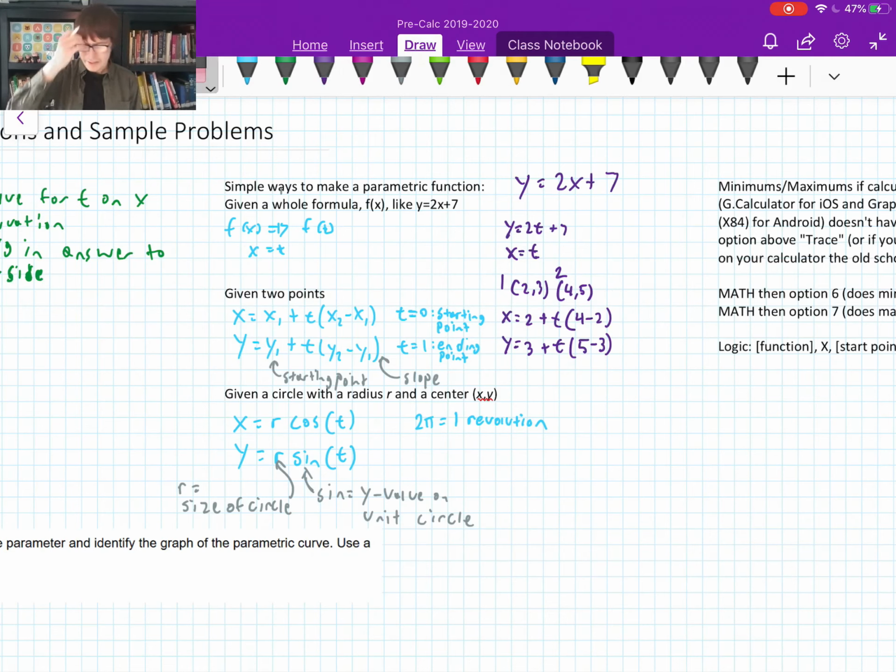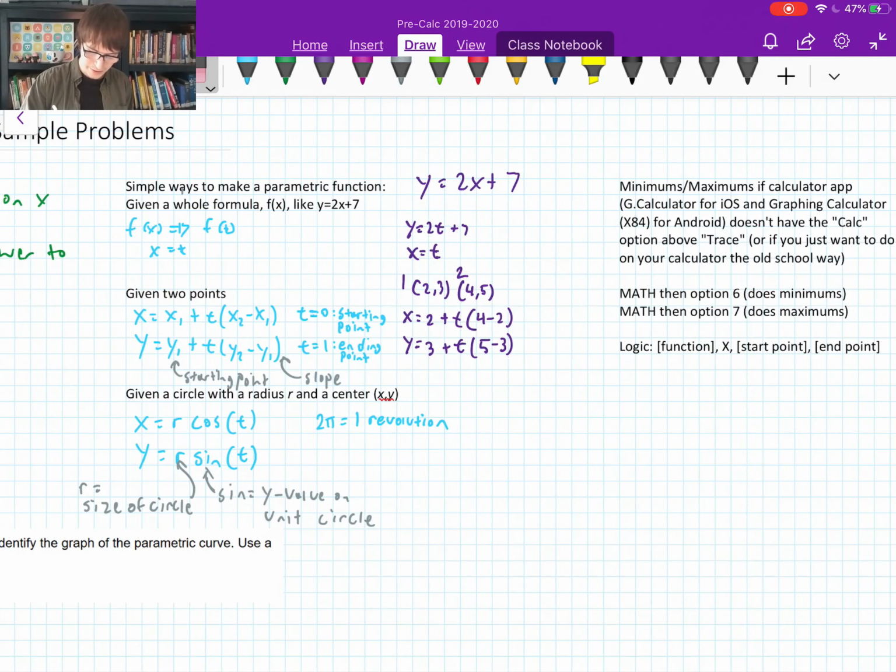Okay. Now let's say you wanted to graph a line segment, and this makes it a really easy way to graph a line segment. If you start with t equals 0, you'll graph the first point. If you plug in t equals 1, you'll graph the second point. Let me show you how. If we look at this equation that we just made, and we said t equals 0, what point would that come out to be?